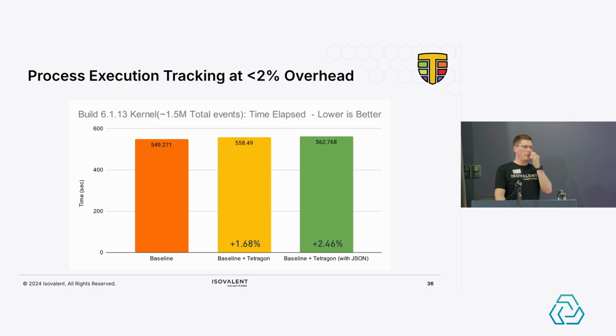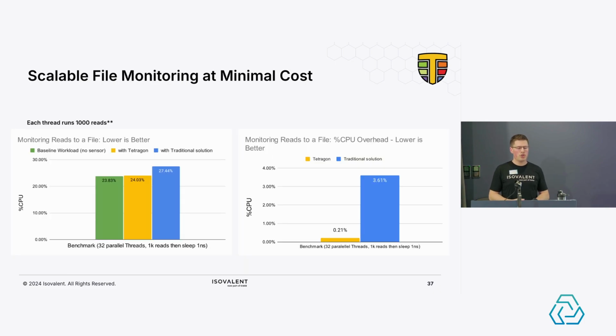And if you also enable the JSON-based event generation, we see an overhead of up to 2.5% time-wise.